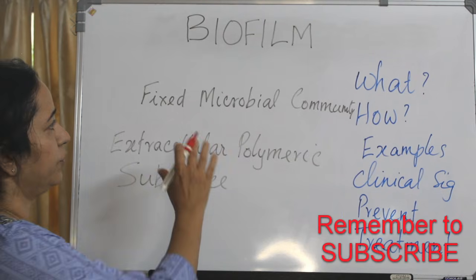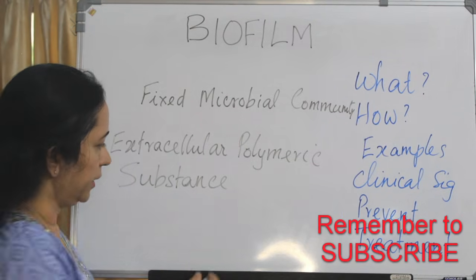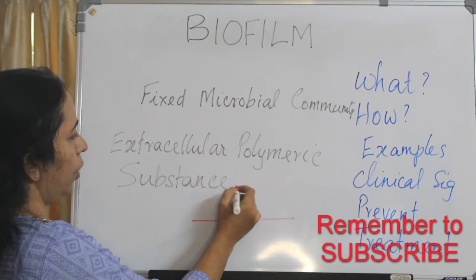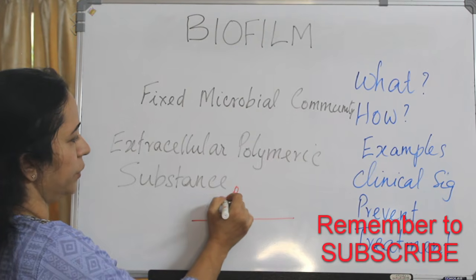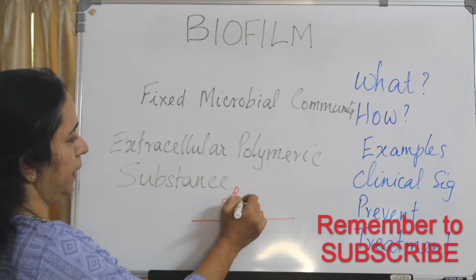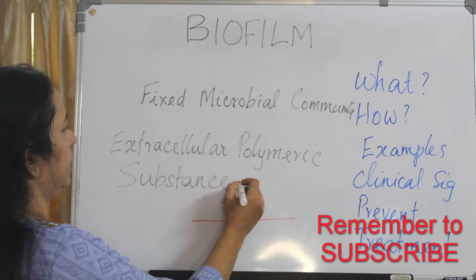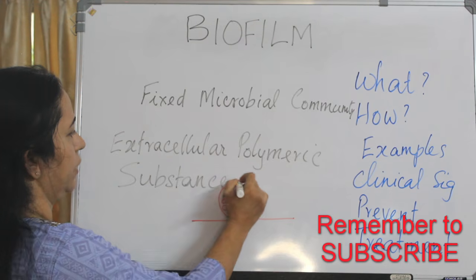They are actually a fixed microbial community. There should be a surface to attach to, and on this there is a community of bacteria and microbes, covered with the extracellular polymeric substance.